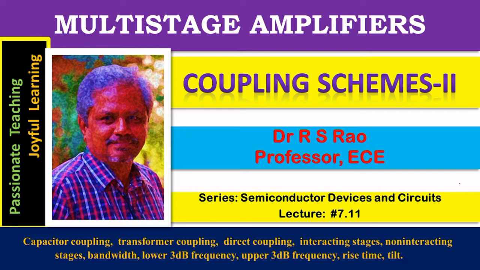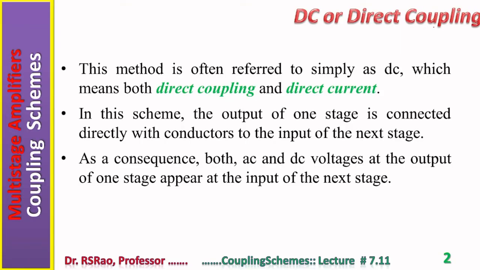What about bandwidth? How does the bandwidth of a multi-stage amplifier compare with the bandwidth of a single stage? This aspect is also considered in the present session. Now we move to begin the course session. We start the session with a few points regarding DC or direct coupling.